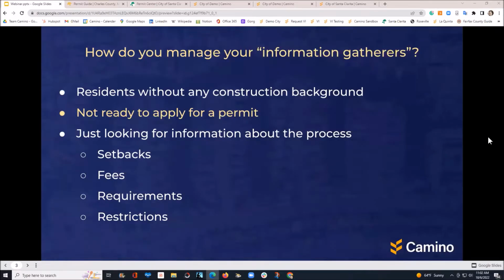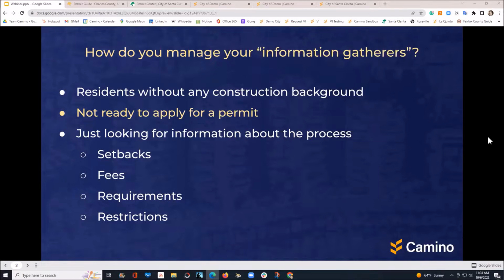Really, the goal today is to talk about how we manage these information gatherers. There are a lot of large cities and counties online today, and with that there are even more questions and an even greater need to manage these information gatherers in an automatic and systematic way.